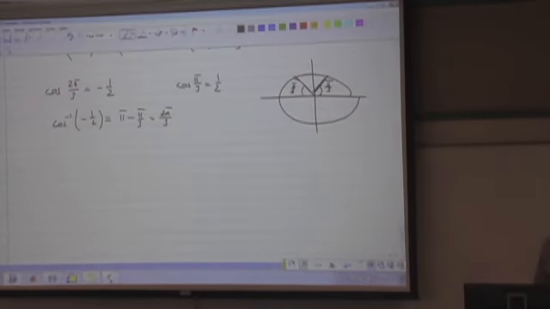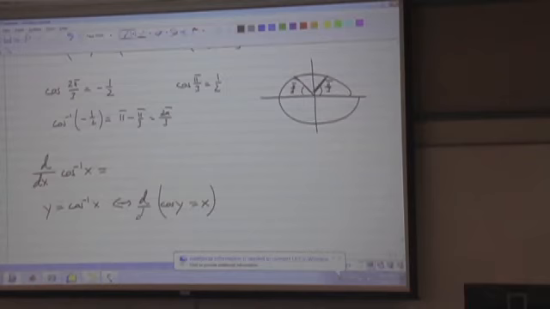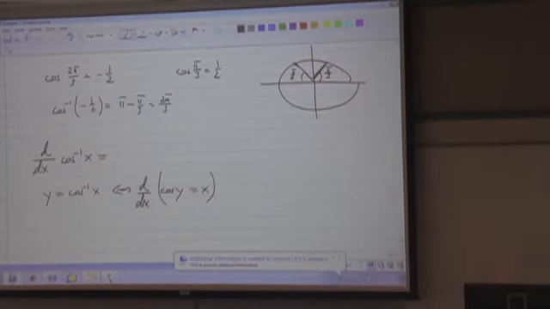So, what would be the derivative of cosine inverse? Should we derive it? Let's. Okay. So y is equal to cosine inverse of x is equivalent to saying cosine of y is equal to x. Now you take derivatives on both sides with respect to x. What do we end up with on the left hand side?